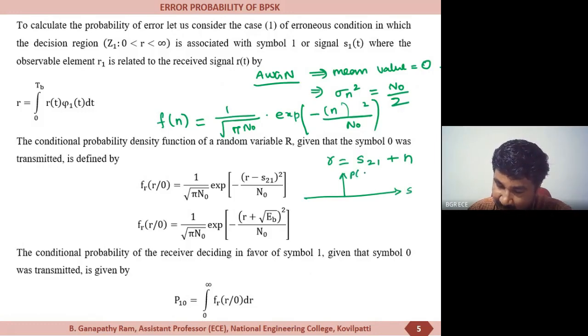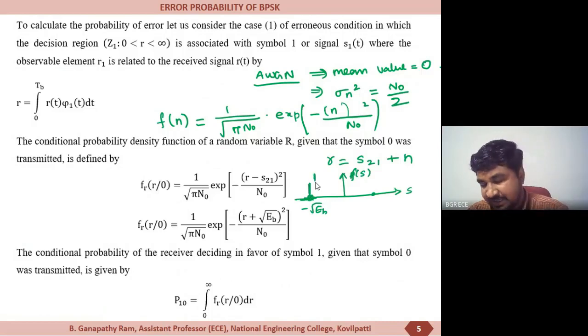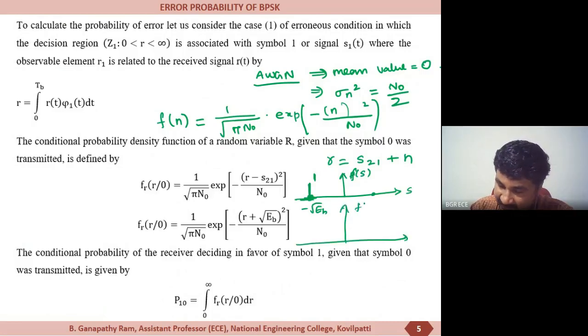The probability of S is lying at minus square root of EB, and it is occurring for only one time. Whereas the additive white Gaussian noise f(n) is added here, which is having a 0 mean. So the bell-shaped curve is centered around 0 volts.